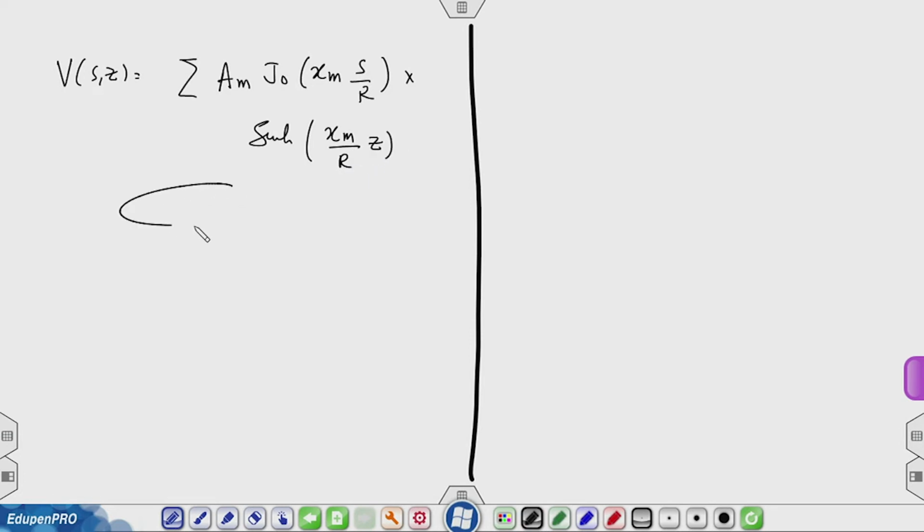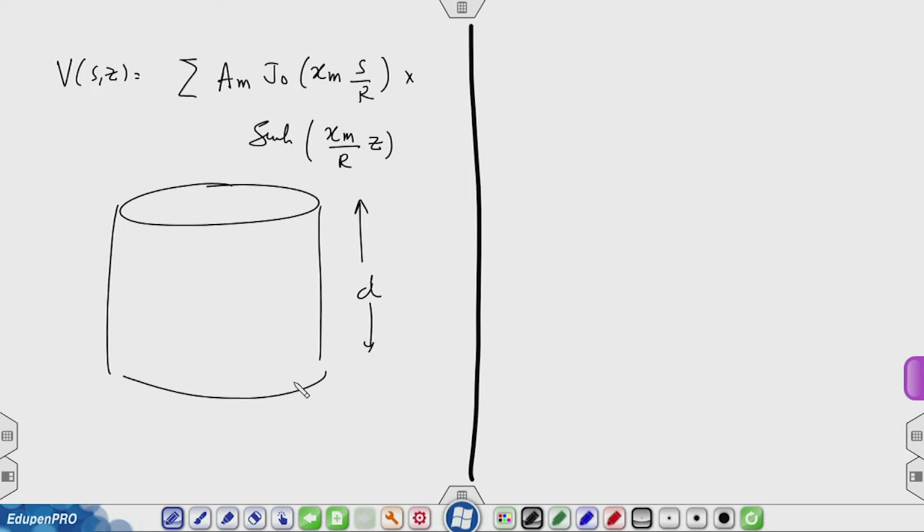The geometry is like this. The height of the cylinder is d, the radius is r. V is 0 on the sides and at the bottom, and it is V naught at the top. Now, the last boundary condition will give me the A m's.